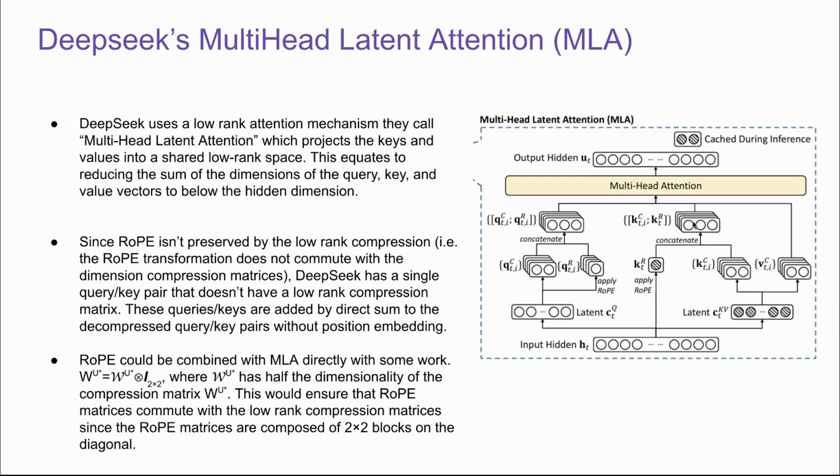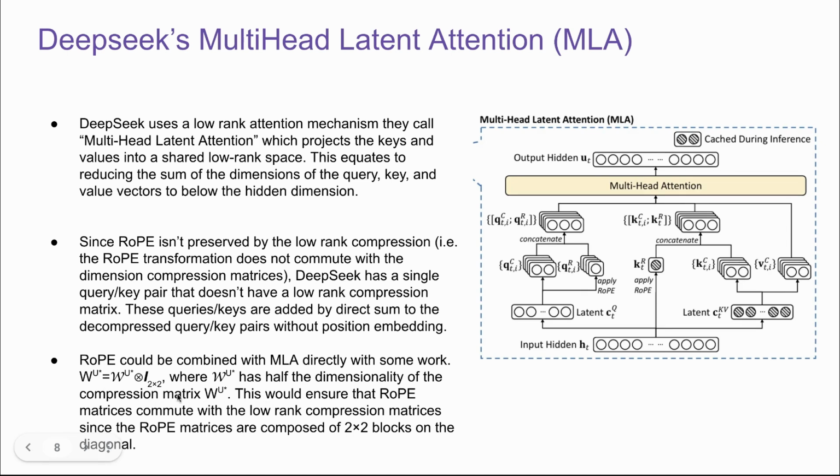So this is how they solve the RoPE problem, but in fact, with some additional calculation, RoPE could be combined with MLA directly. Let's say this big W is the compression matrix. You can find a new matrix that conforms to this condition.